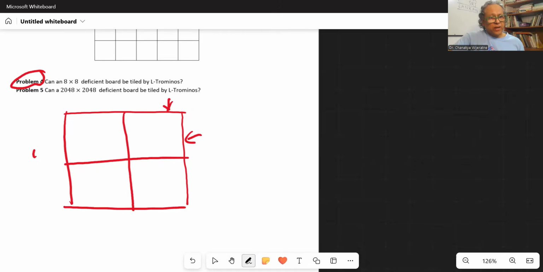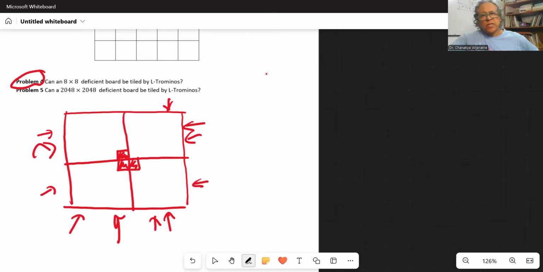And then from the other boards, we are going to remove one square each so that they become deficient. And we can choose those 3 squares so that we get 3 squares which can be tiled by one L-tromino. So these boards are deficient, all 4 boards are deficient now and they can be tiled. You can see that.